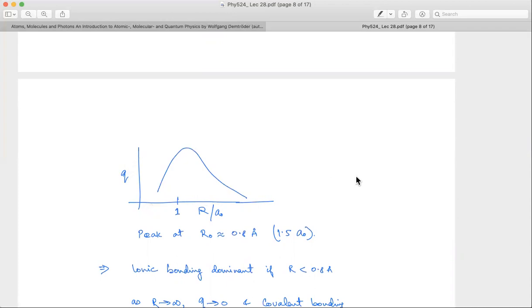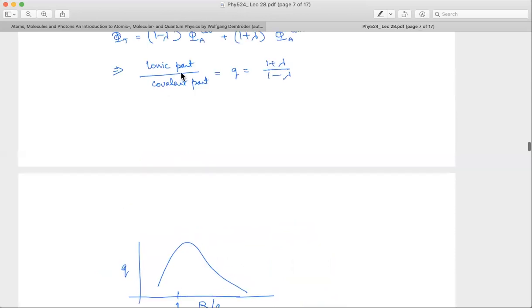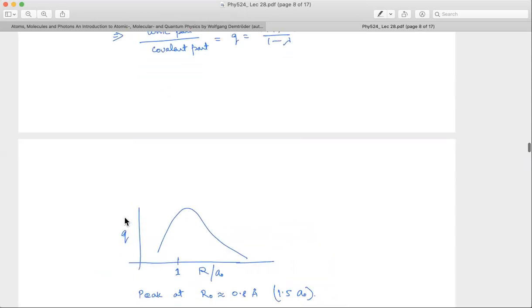If you plot this Q as a function of R, you will see a curve that initially starts from something below 1, then peaks somewhere around 1.5 A0, and then decreases. Remember that Q was the ionic part divided by the covalent part, so Q roughly denotes where the ionic part is dominant. So for smaller radius molecules, the ionic part will dominate.